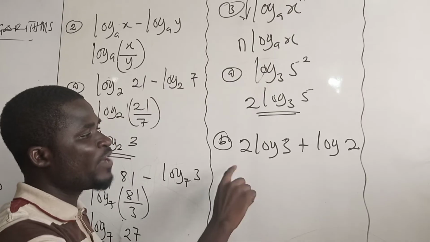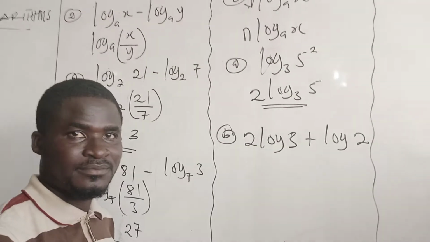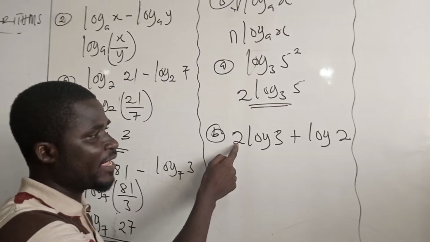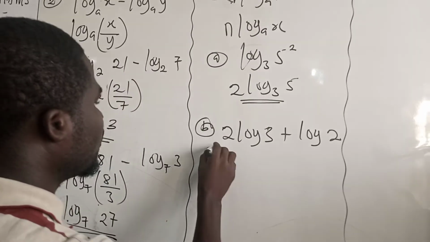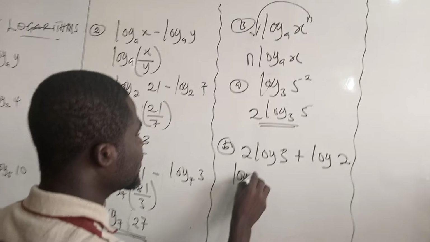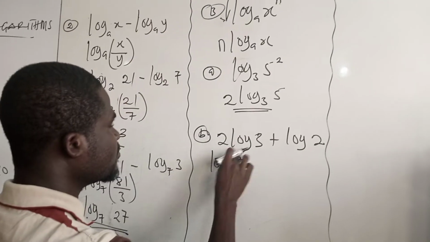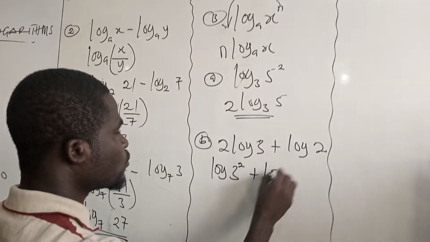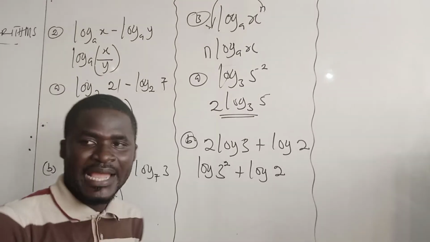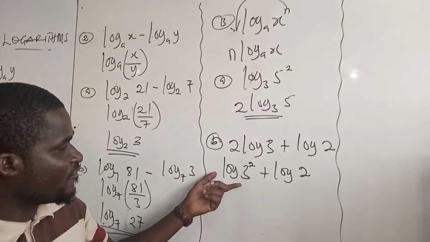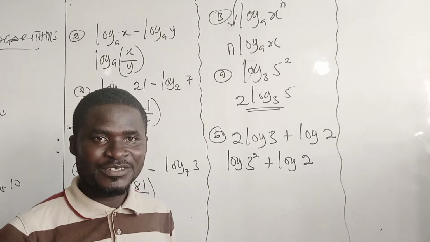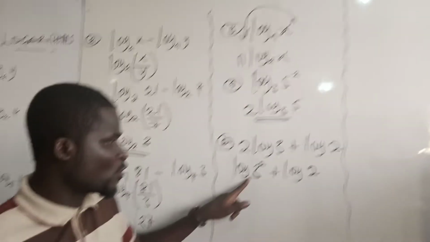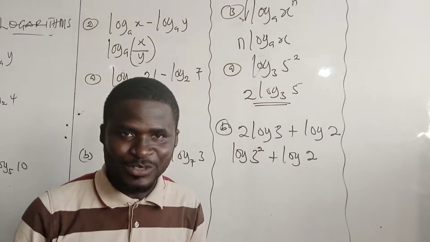So we have to send it back, because this 2 here is the exponent of the 3. So we are going to have log 3 exponent 2 plus log 2. Take note, we said that when we don't have the log base, we take it as base 10. So I don't have the base here, so we take it as what? Log 10. So take note.